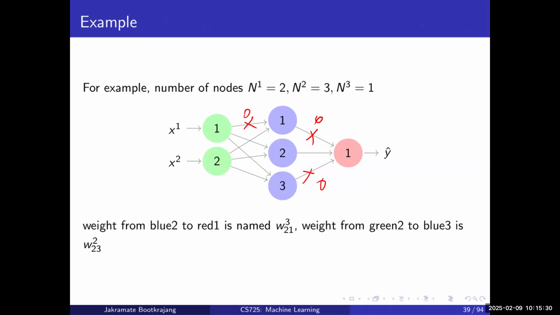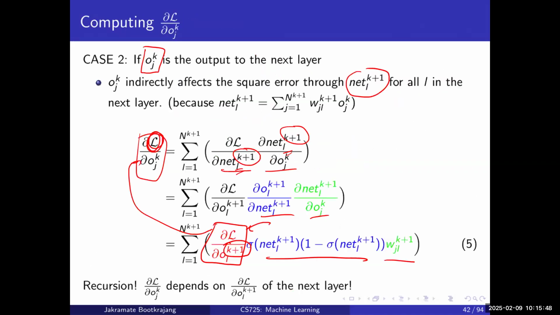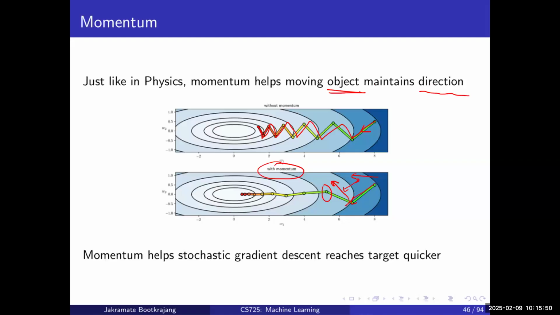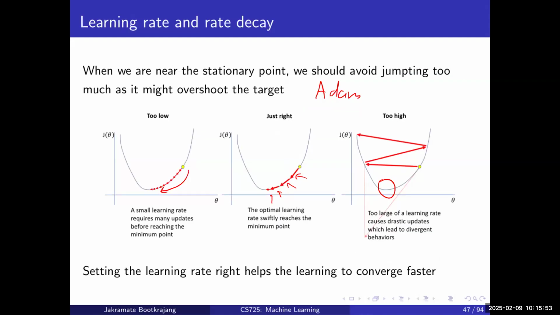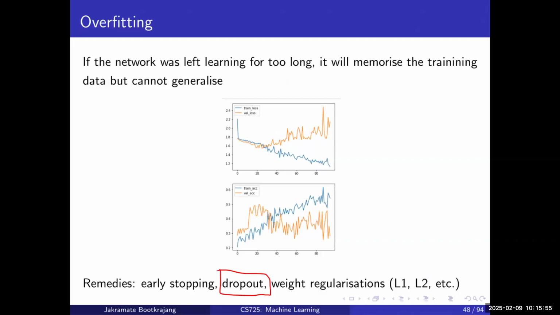You randomize half of the edges to become zero, and then you update the rest. So this will help the network to not rely on the previous iteration too much, and will also help with overfitting. But of course, you can also stop early, or you can use weight regularization. But dropout is the most common one.